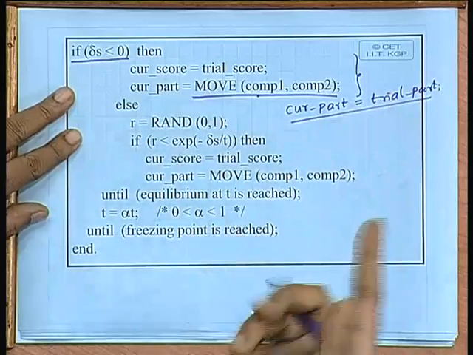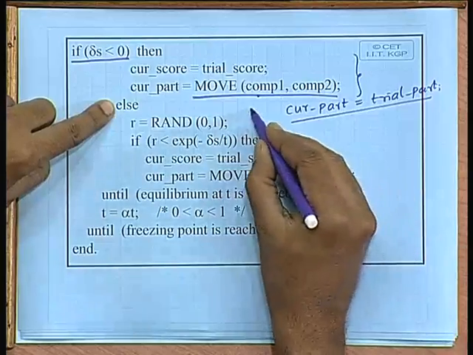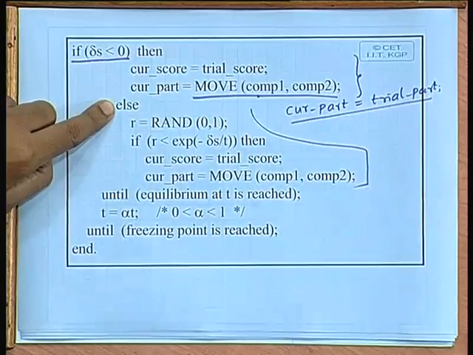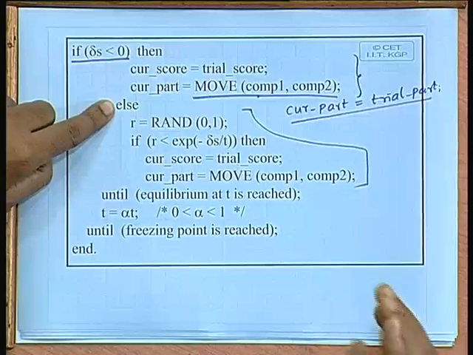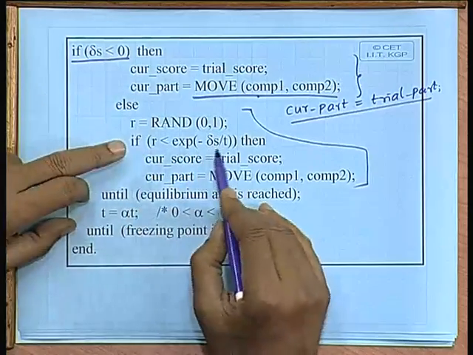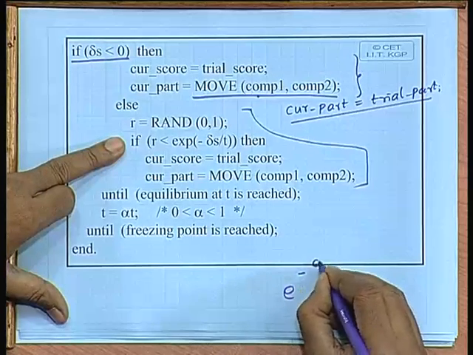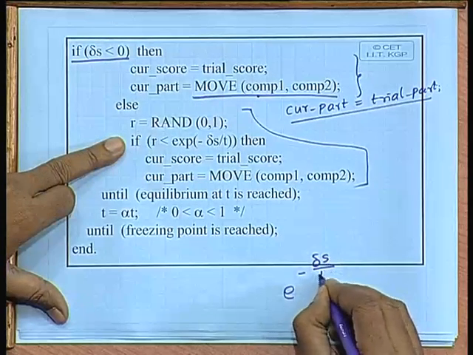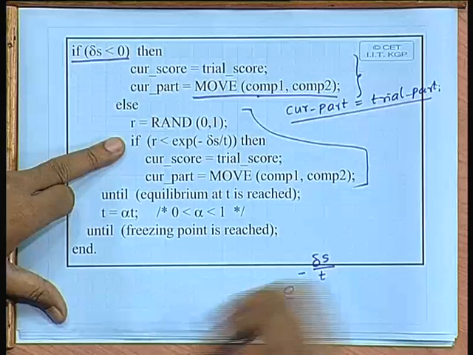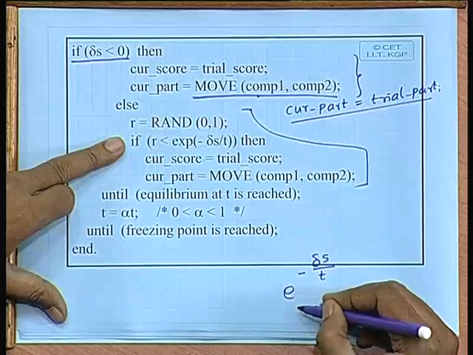So, here you are making the actual change to the current partition. Otherwise, you are trying to move towards a worse solution. This worse solution you can accept only with a probability that I had mentioned. Now, the probability is computed like this. First, generate a random number between 0 and 1, this is R, and the probability value is computed as e to the power minus delta S by the temperature. Now, the larger the value of delta S, the less the probability.